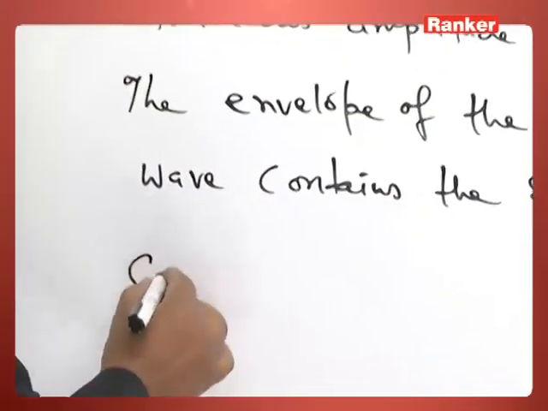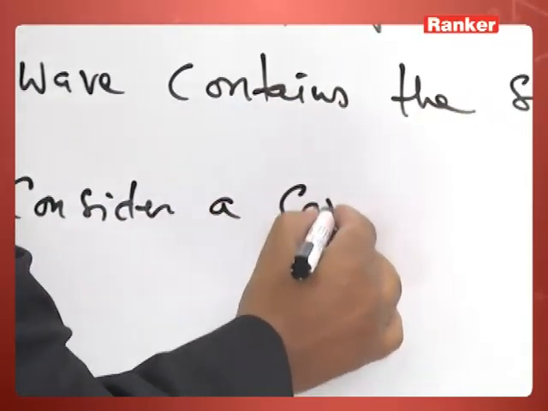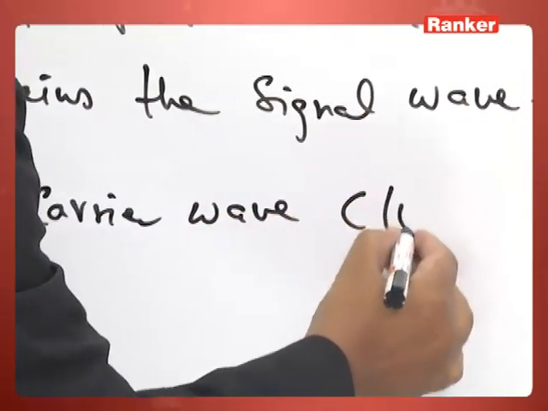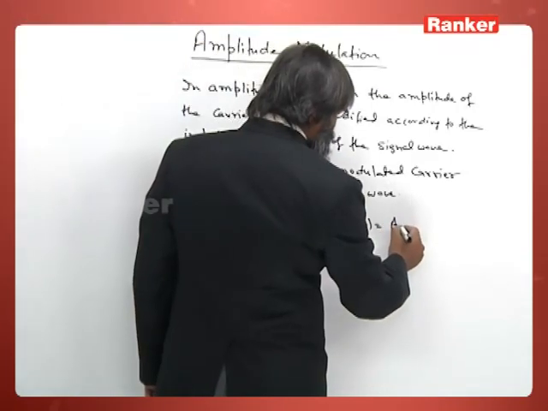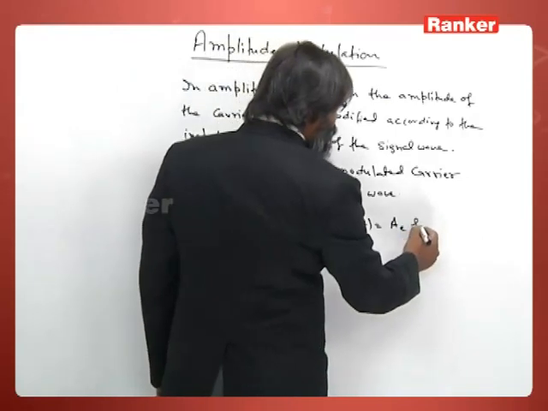So, consider a carrier wave c(t) = Ac sin(ωc t), where Ac is the amplitude of the carrier wave.